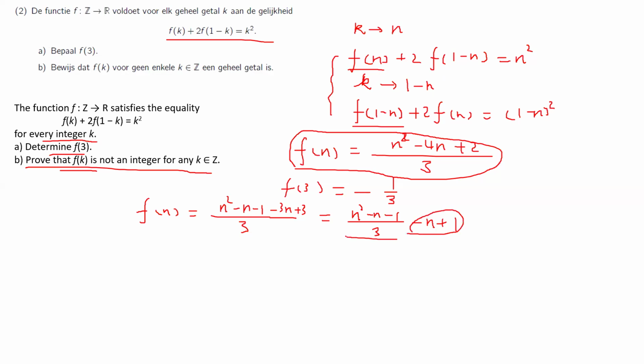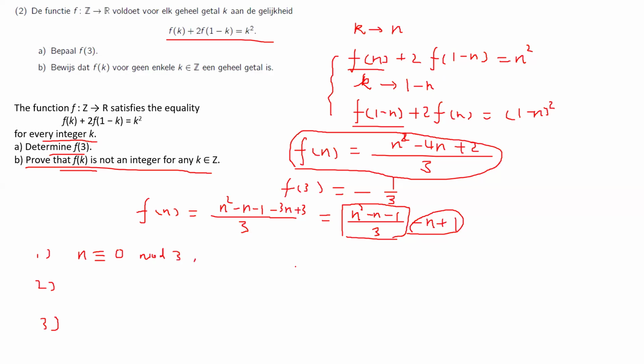In the first part, we have to prove that the first part won't be an integer in any case. So we just consider the divisibility of n by 3, or n modulo 3. There are 3 subcases. First one, when n is congruent to 0 modulo 3.